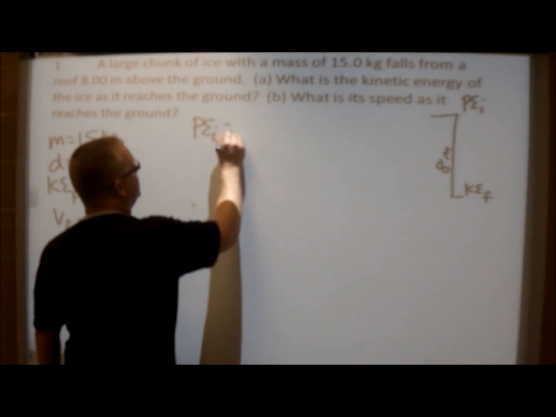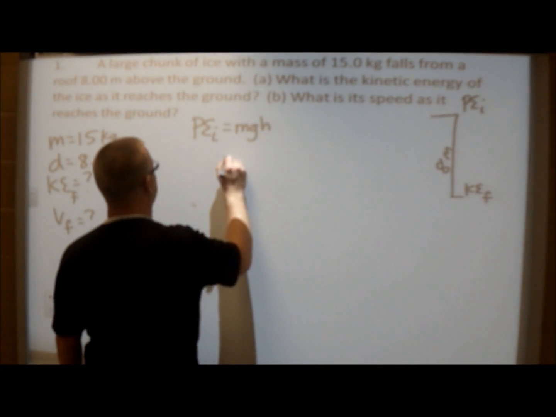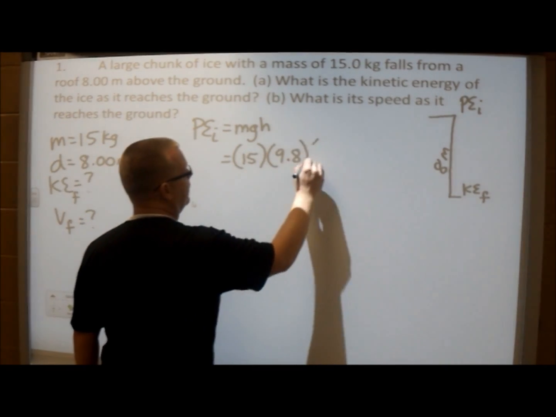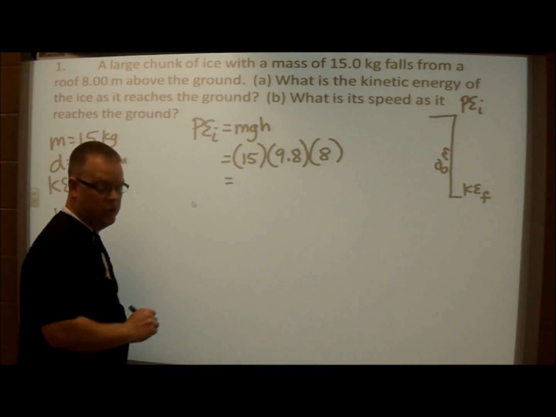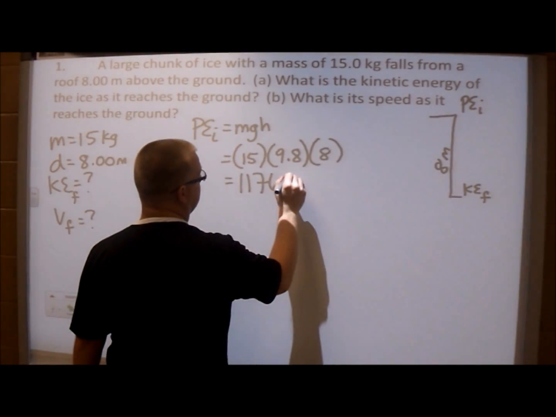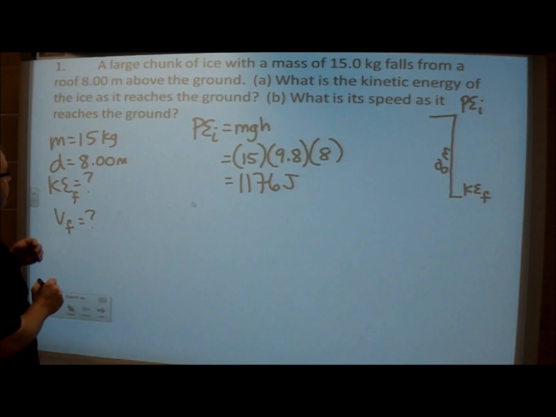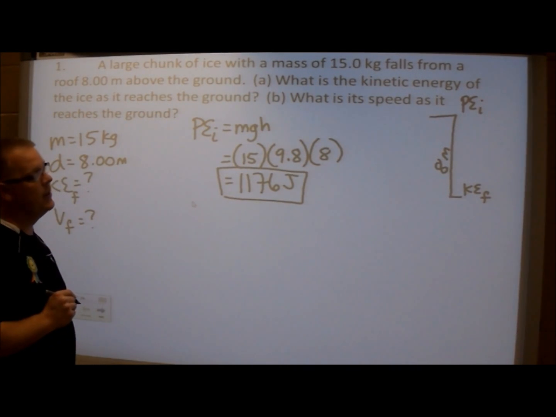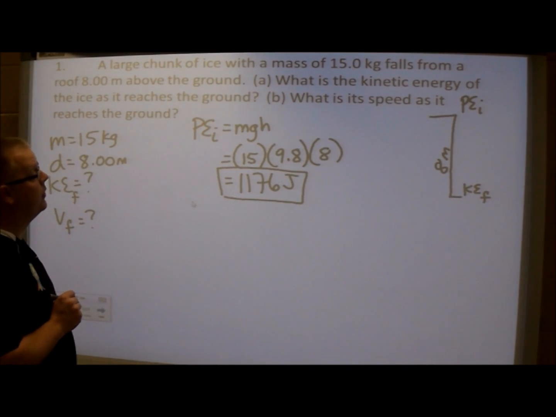So the initial potential energy is mass times gravity times height. So it's 15 times 9.8 times 8. So my initial potential energy is 1176 joules. So for part A, what is the final kinetic energy? It's going to be the same, 1176 joules, since it hits the ground.